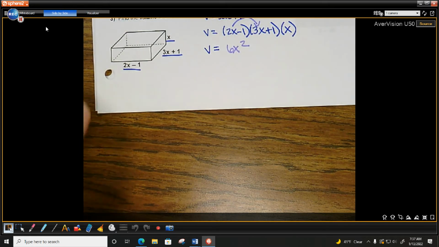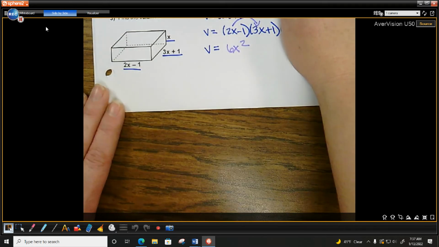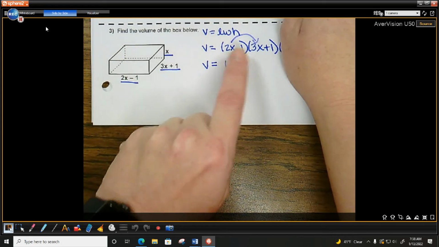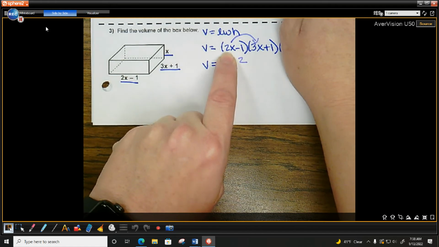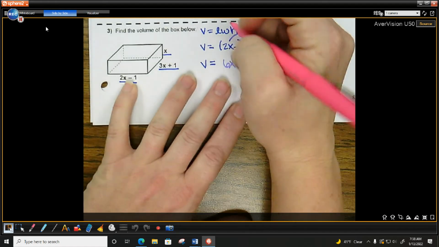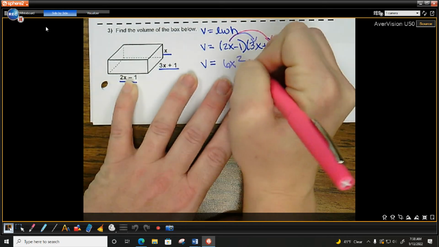What am I going to do next? Before I move on to the negative, I still need to distribute the 2x to the 1. So what's 2x times 1? 2x, positive 2x. Great job.